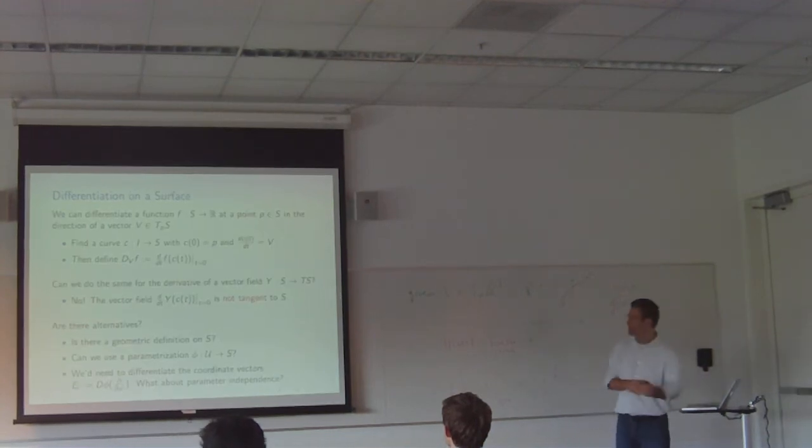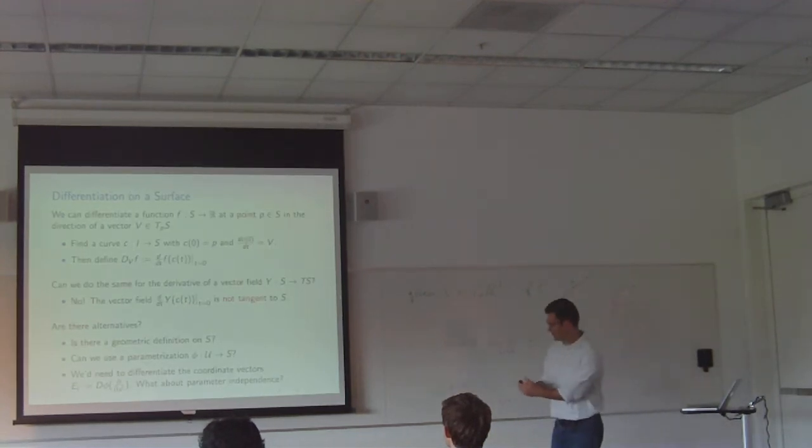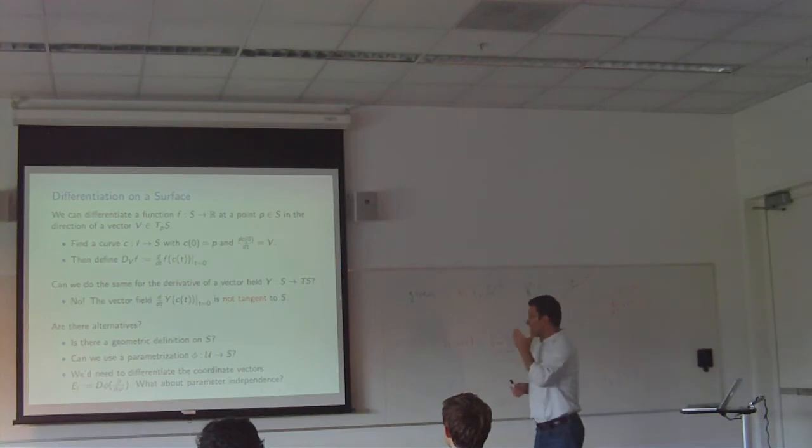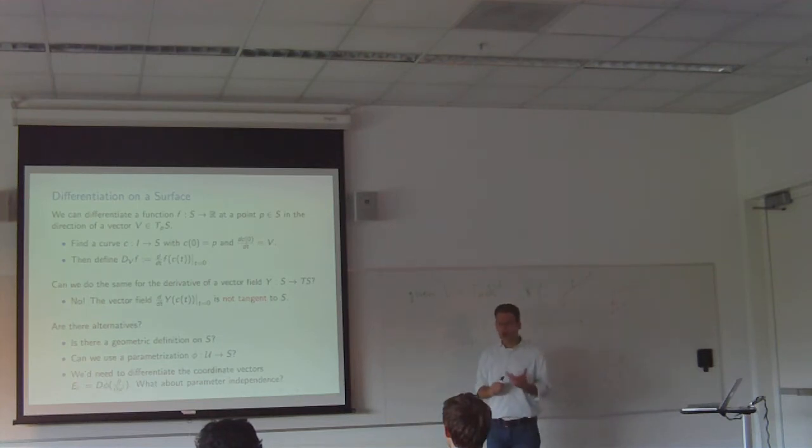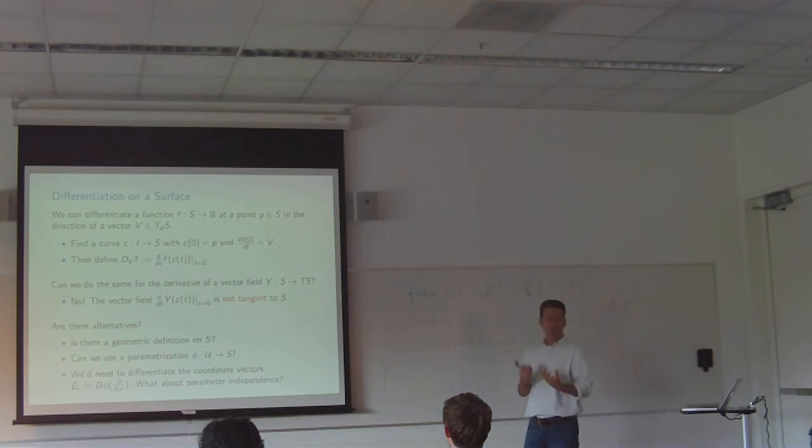Okay, but the picture on a surface is a bit different. So let's just walk through here. First of all, scalar functions on a surface. Well, there's no problem there, because you use exactly the same formula.